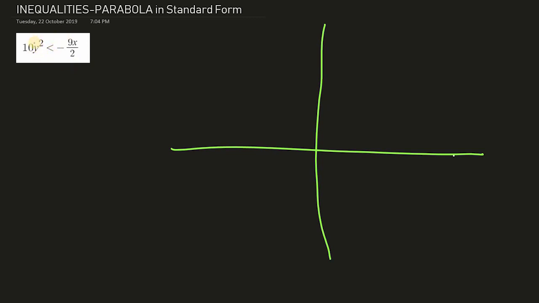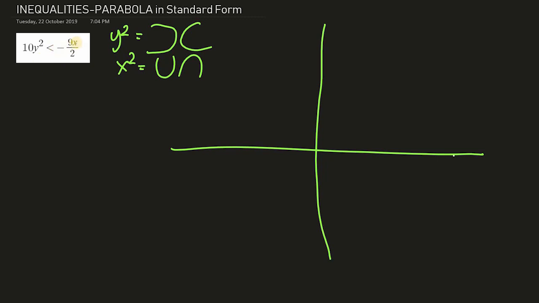Kung yung y yung na-squared, ang graph natin dyan, guys, is either facing to the right or facing to the left. Pero, kapag yung x naman yung na-squared, ang graph natin dyan is either going up or going down. So, since yung na-squared dito is y, we can tell that our graph is going to the left or to the right.